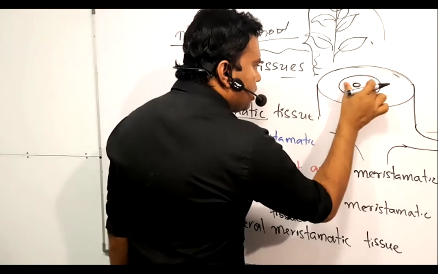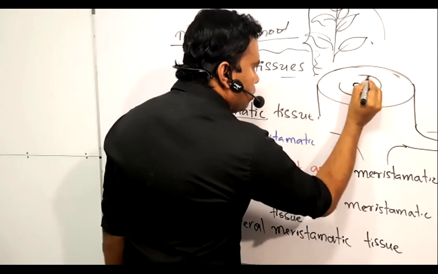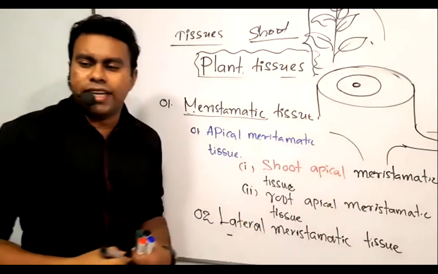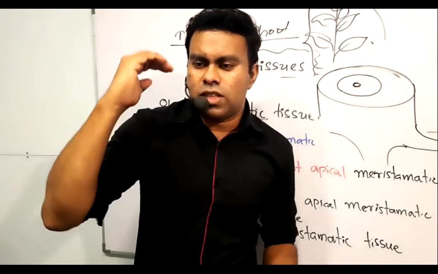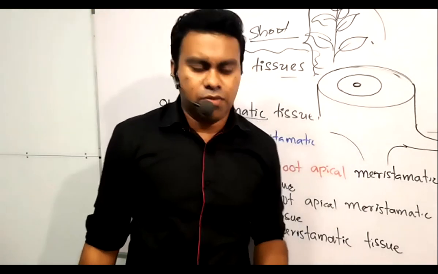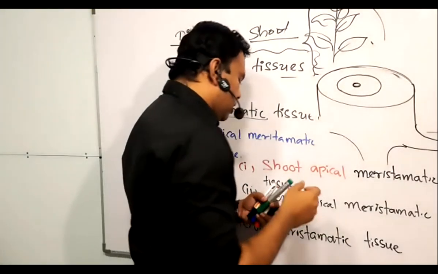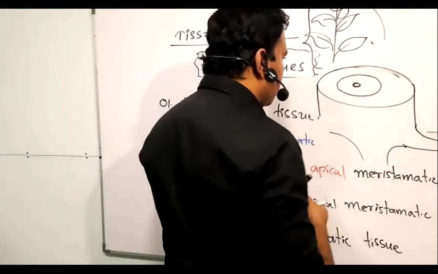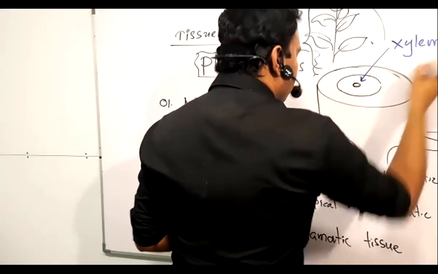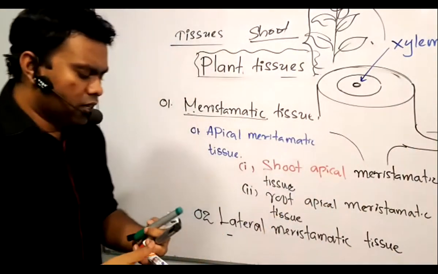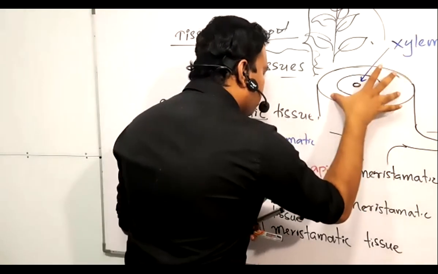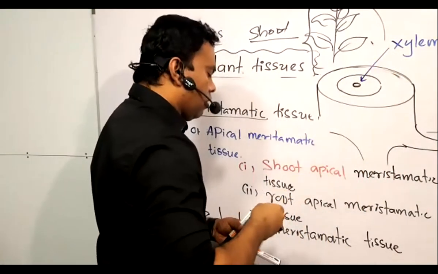The inner circle of tissues we call water translocating tissue. It is specialized for transportation of water. That tissue is known to be xylem. Another tissue exists at the periphery of this plant stem.